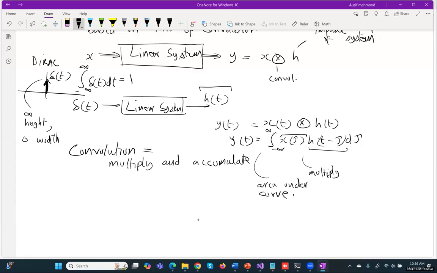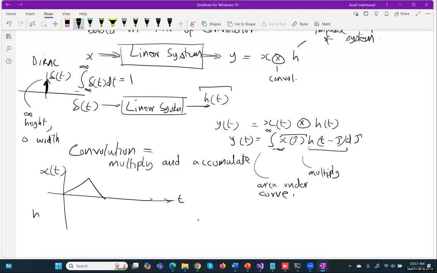So let's take a look at slightly more detail on it so that we understand the convolution before we go to a CNN. Okay, so let's say x of t looks something like this. Let me just make it something like this, and let's say this is time t.